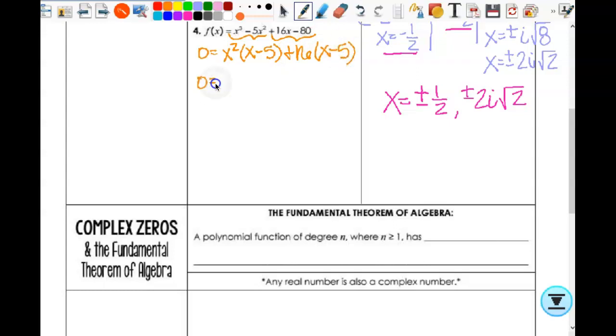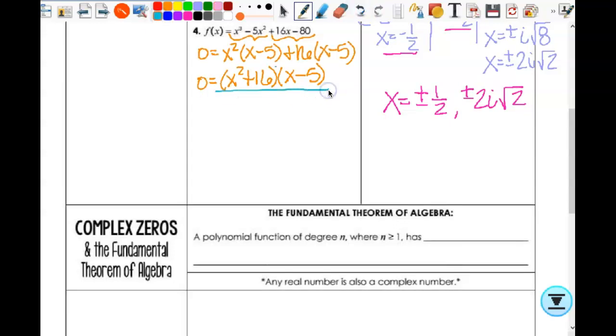And 0 equals, so this will give me x squared plus 16 times x minus 5. So, can I factor any more? No, I cannot. So I'm going to split this up.